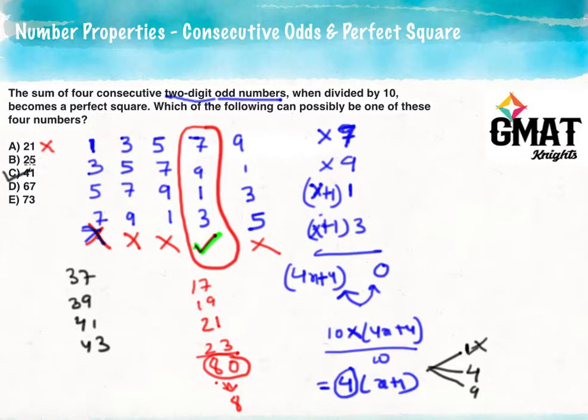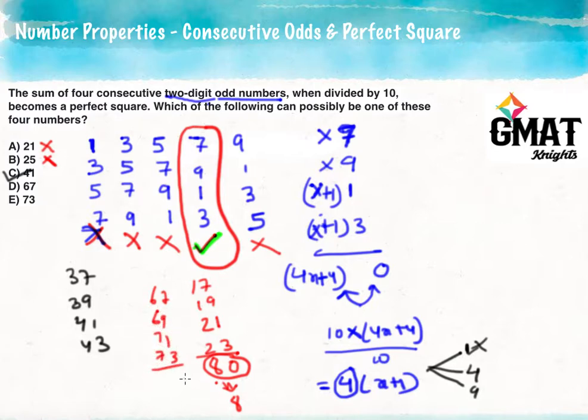25 is not going to be correct because 5 does not feature in the list as a units digit, so 25 is gone. Okay, in case of 67, what are the possibilities that we have? 67, 69, 71, 73.